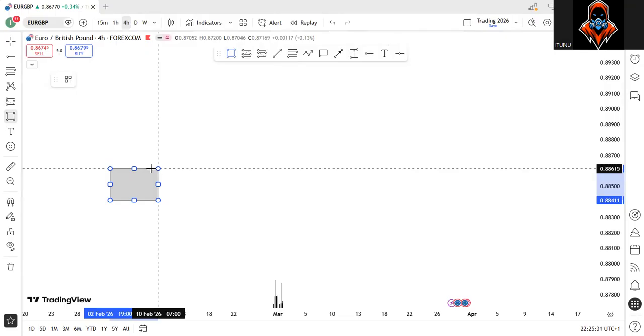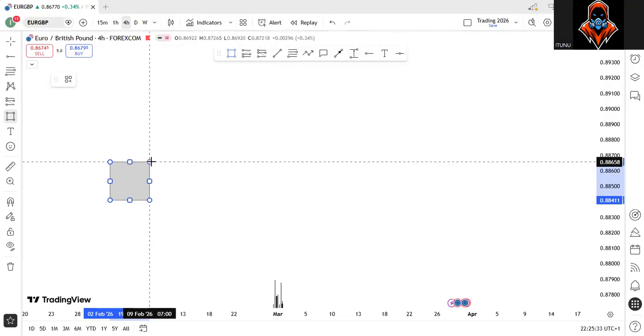Meaning that an order block is pushing your setup towards the direction it's heading to, whether from the 4 hour time frame, the daily time frame, or the weekly time frame.